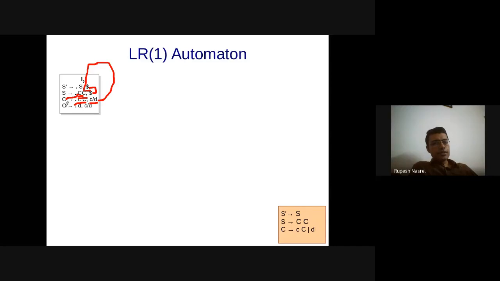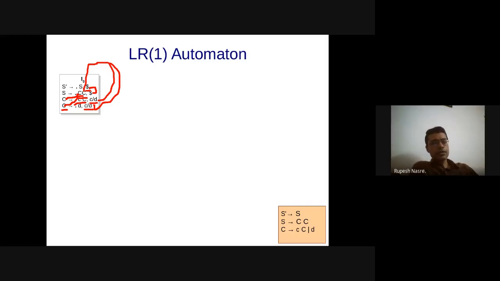As far as this second rule is concerned, that is also coming because of this C. This particular C is the same C as this, and that can derive dot d with again the first of the second C as the lookahead. So that appears here. Right?